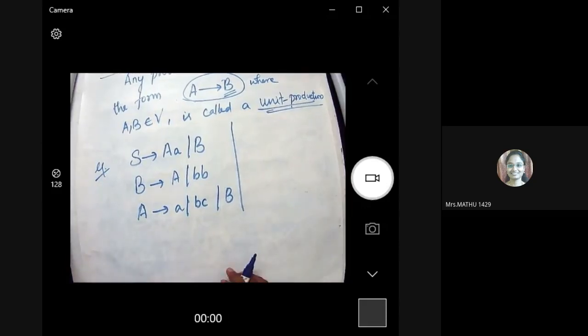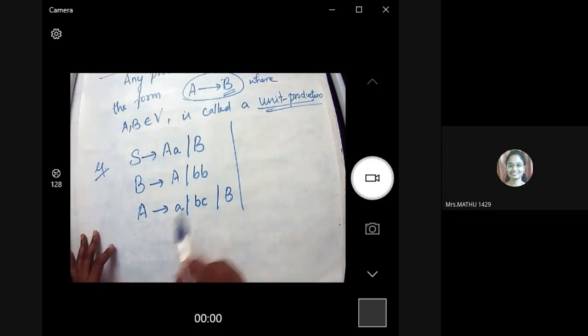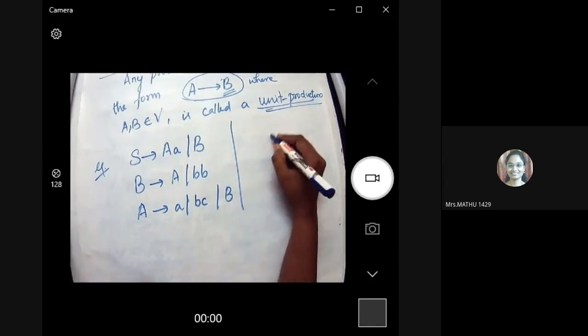Now for doing that, we can use the substitution rule. We can very well use the substitution rule. But sometimes it makes a round trip.